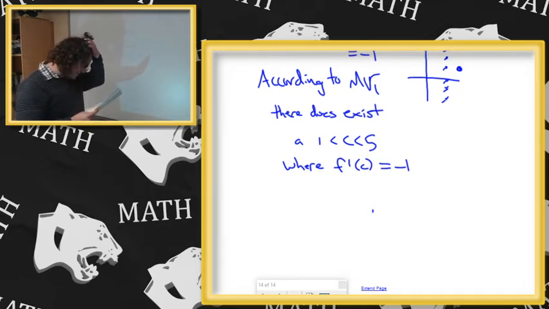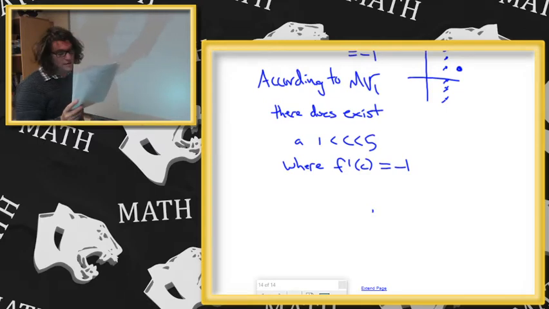All right, does f prime at x equal 0 somewhere?